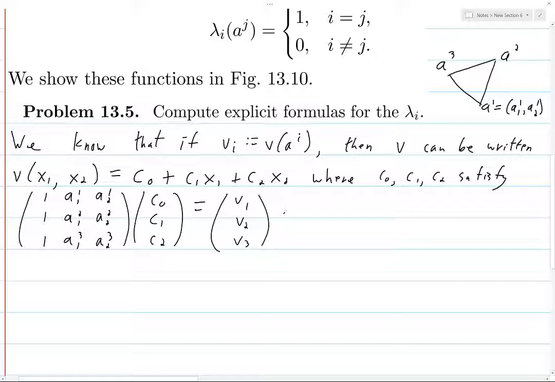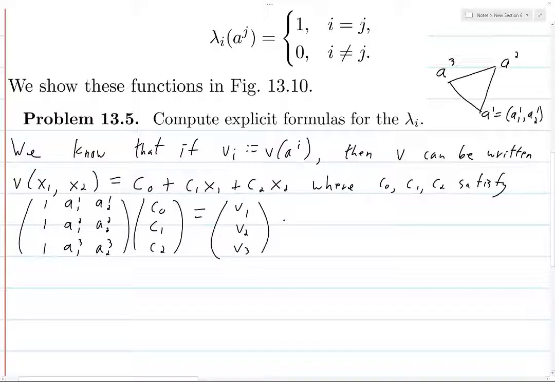And in fact, this is a non-trivial fact, but it is true that if a1, a2, and a3, these vertices, do not all lie on the same line, then this system will have a unique solution. You have to prove that, but that's one of the other exercises, so I'll leave that to be done at some point if you want.